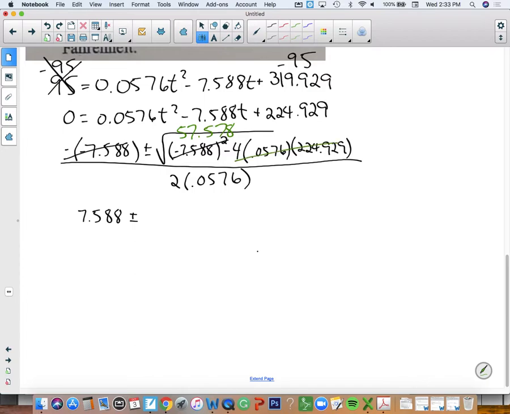And then this one, 4 times 0.0576 times 224.929. That one turns into 51.824. Okay, so now we're doing 57.578 minus 51.824. And that's going to give us the number underneath the radical, or the square root, whatever you want to call it.